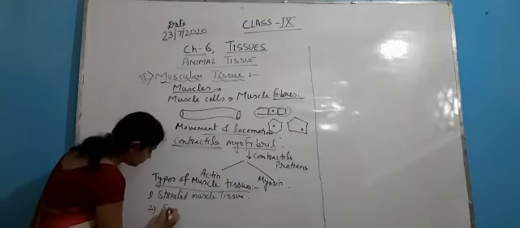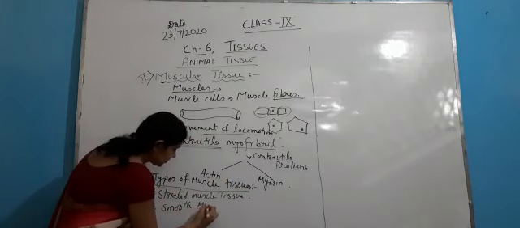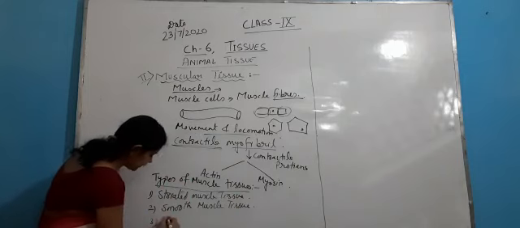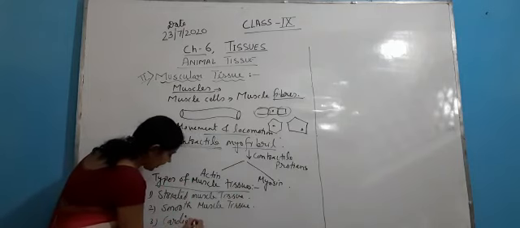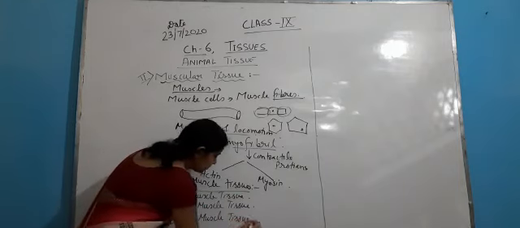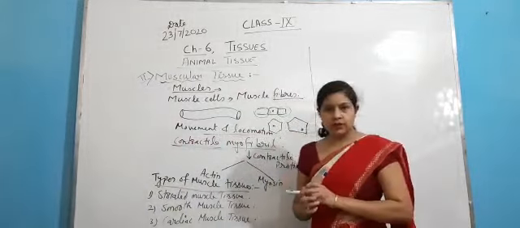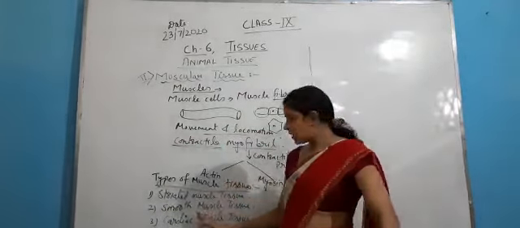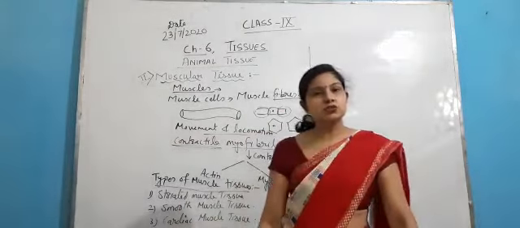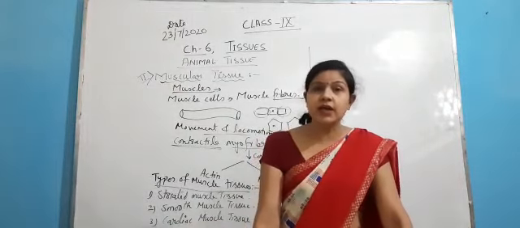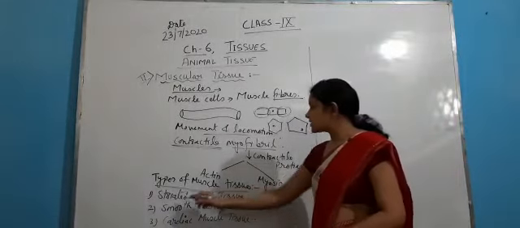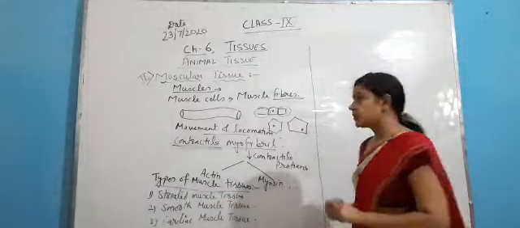Second is smooth muscle tissue, and third is cardiac muscle tissue. So overall in an animal's body, 3 types of muscle tissues are there: striated muscle tissue, smooth muscle tissue, and cardiac muscle tissue. We will study the structure, function and location of each type of muscle tissue one by one. So let's begin with the first type of muscle tissue, that is striated muscle tissue.